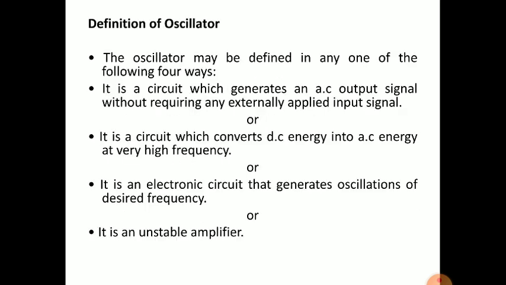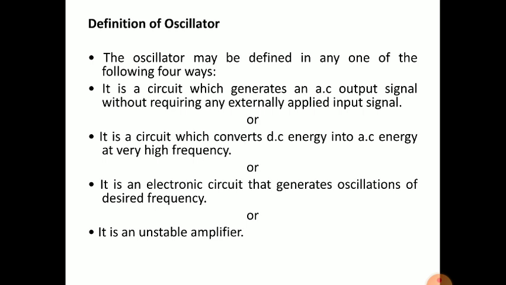Now see the practical definition of an oscillator. The oscillator may be defined in any one of the following 4 ways. It is a circuit which generates an AC output signal without requiring any externally applied input signal. From the formula, we are getting the output oscillation but without any input. It is zero input, so we get the gain as infinite.